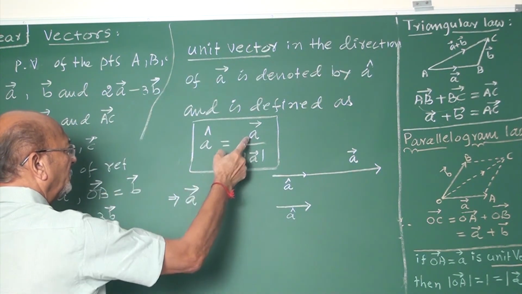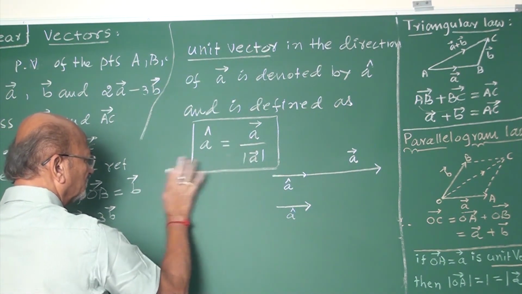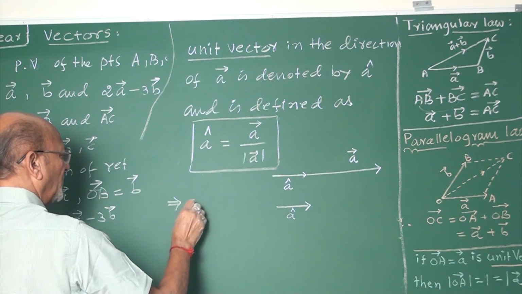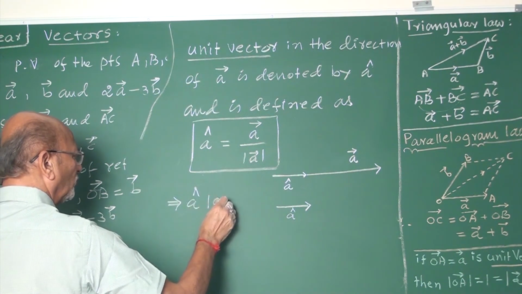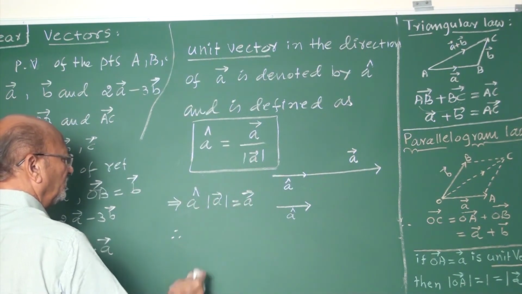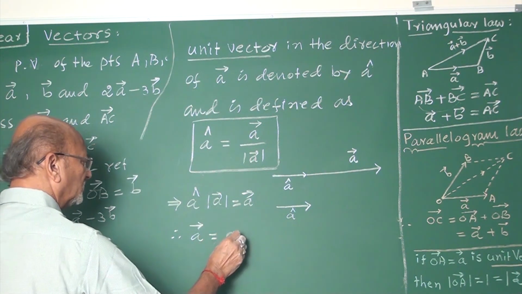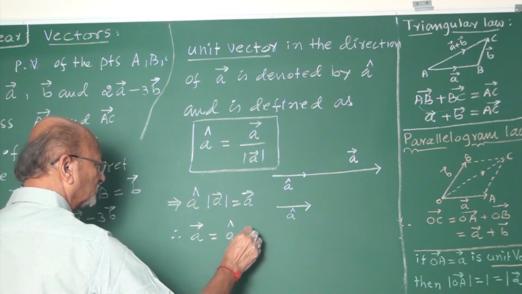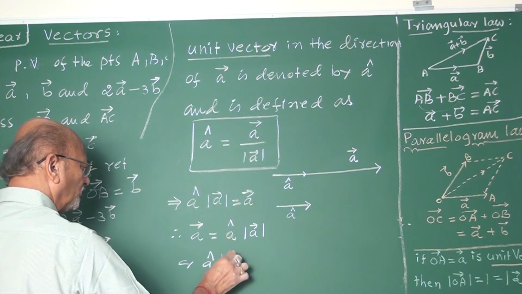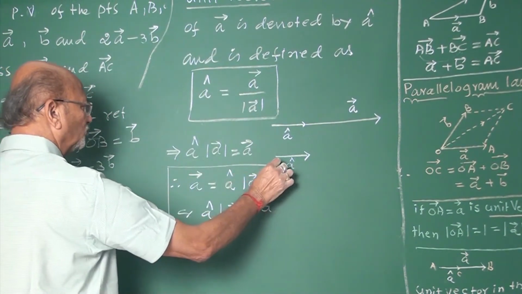Therefore, vector A equal to, bring this side, this gives A cap into magnitude of A. Therefore, any vector can be expressed in terms of its magnitude, or A cap into magnitude of A is that vector A. This is another result, my friends. I will use it.